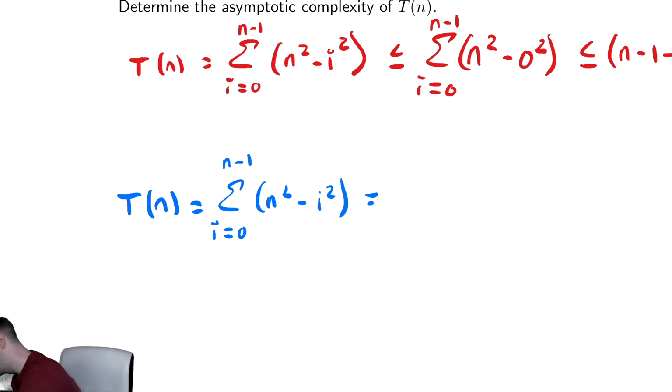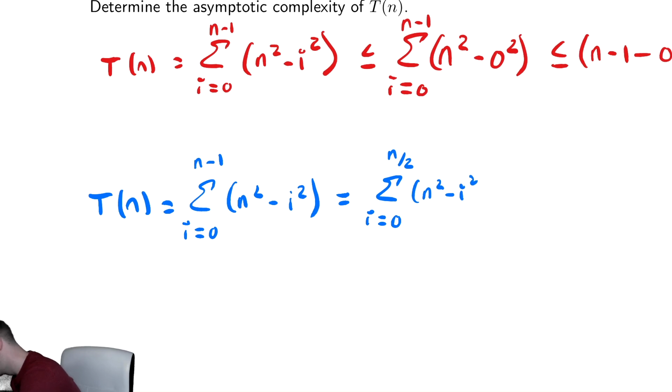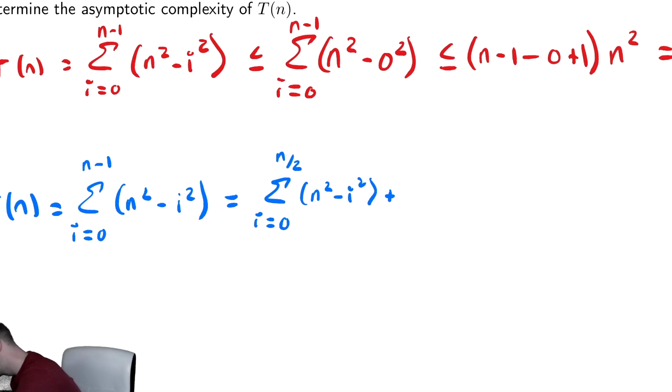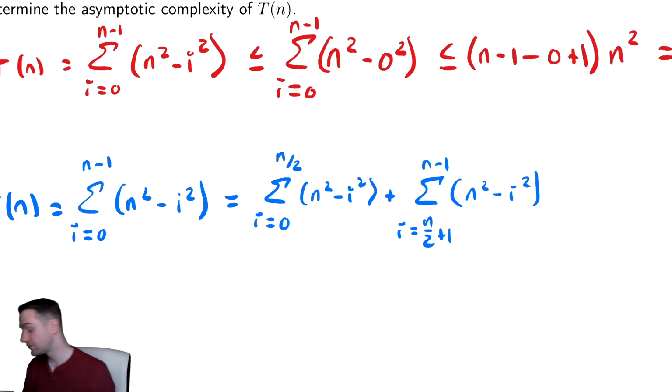We're going to split the summation in the middle somewhere. I'm going to go from 0 to n divided by 2 of n squared minus I squared plus the sum from I equals n divided by 2 plus 1 to n minus 1 of the same summand, n squared minus I squared.